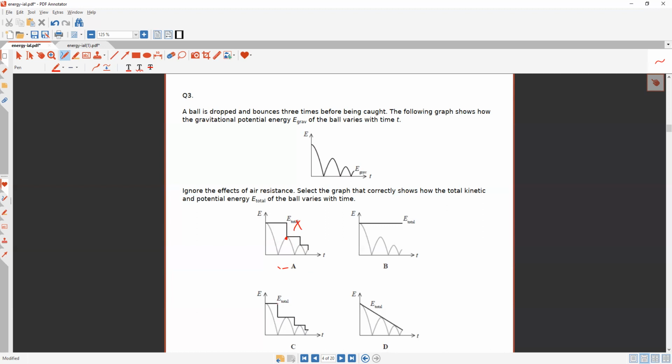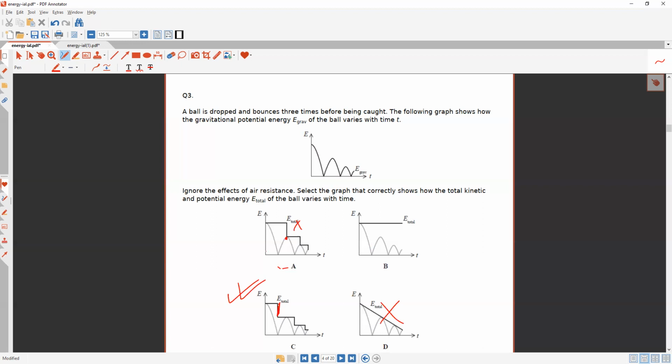At bouncing the total energy decreases, otherwise the total energy remains constant. As you can see the energy is decreasing overall, so your total energy should also decrease accordingly. So C is the only answer.